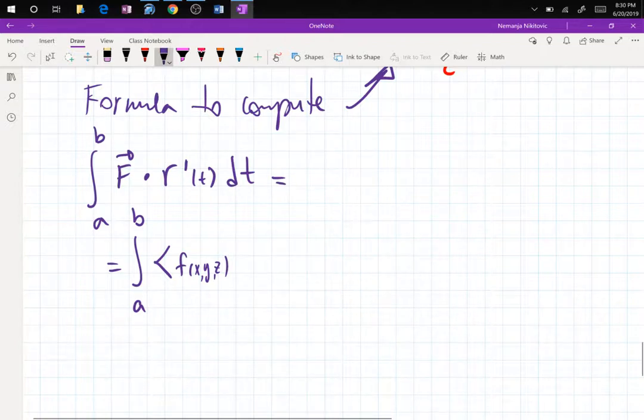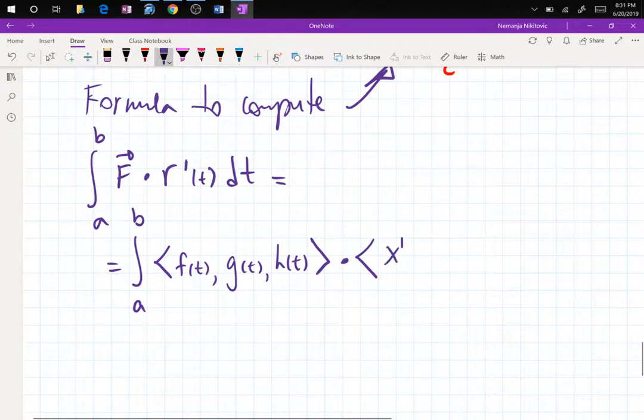So eventually all of this works out to be in terms of t. So f of t, g of t, and h of t, that's your vector F. That was last class. Dotted by the x prime, y prime, z prime, dt.